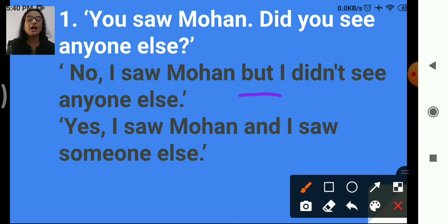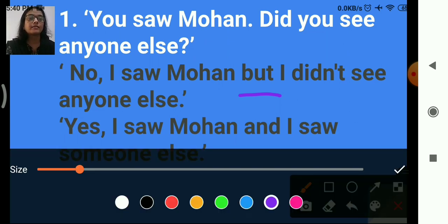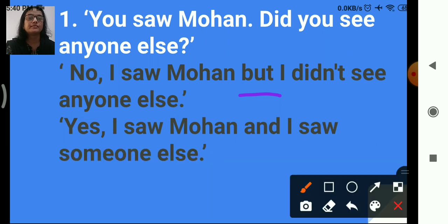But I didn't see anyone else. Okay, if you look into your chart, into the table, you will know the no answer. So what is used here, children? You can see here it is anyone, right? But also is used here in answer. No, I saw Mohan, but I didn't see anyone else.